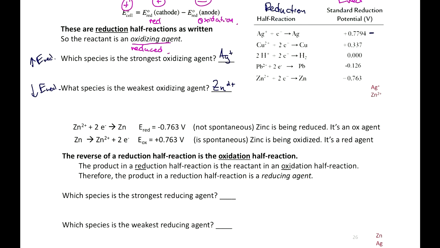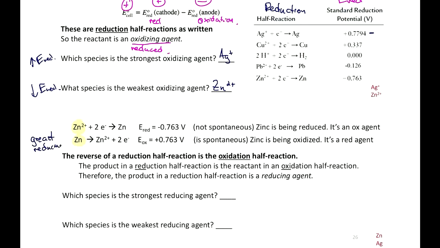So kind of like, you know, the stronger the acid, the weaker the conjugate base. Similar in that the crappier the oxidizing agent, usually the better the reducing agent. And that's what we see here. So in this case, zinc 2+ is a really crappy oxidizing agent. But if we flip the reaction, zinc is a really great reducing agent.